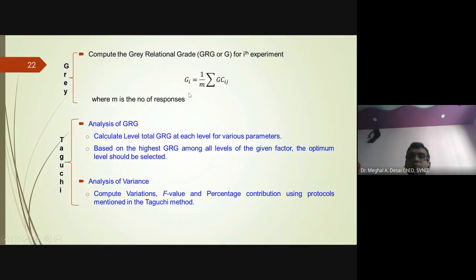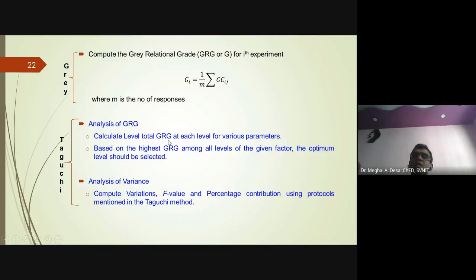Gray relational grade. Once you have GRG value, again come down to the Taguchi method. In single response, here we had signal to noise ratio. Then we have found level total. Then among the highest level, we selected the signal to noise ratio, and then we perform analysis of variance using that signal to noise ratio. Now the same analysis we are going to perform with the help of GRG.